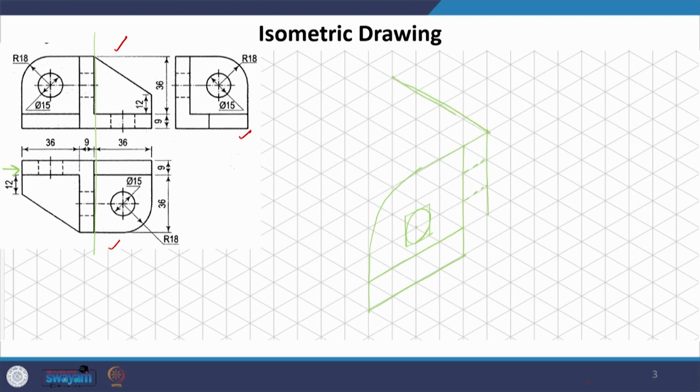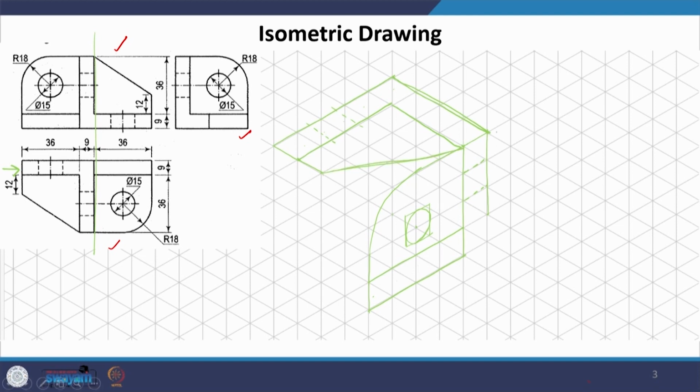So, we have this, and then we have this. We also have this dotted line. And in the plan we can also see that we have an inclined line like this. Now, we can very clearly see that not everything is matching up here.